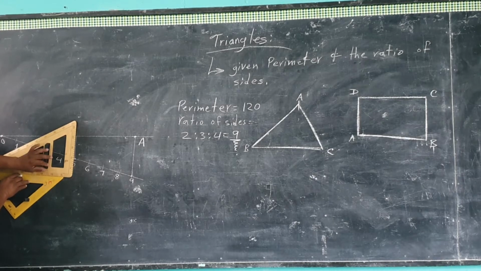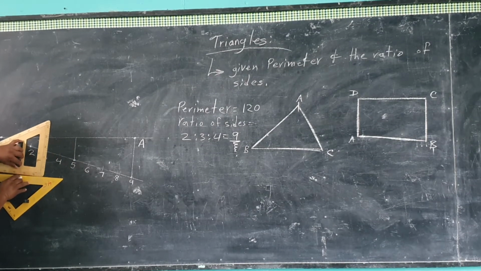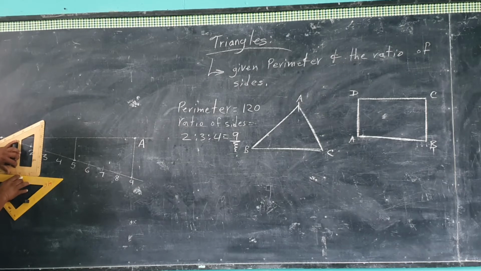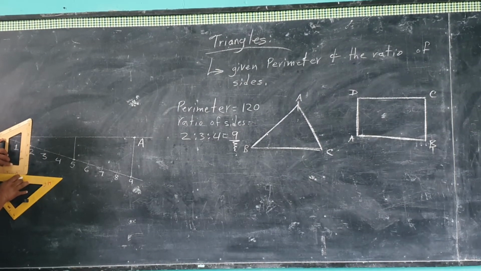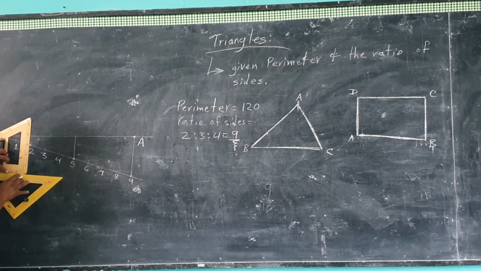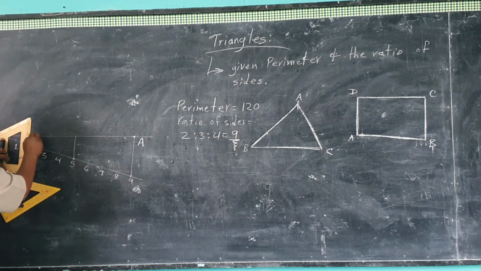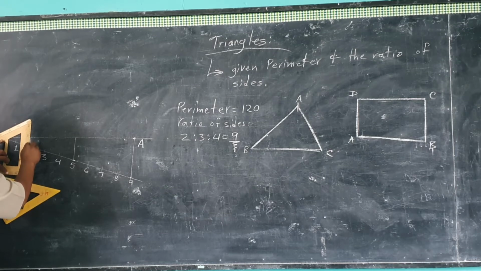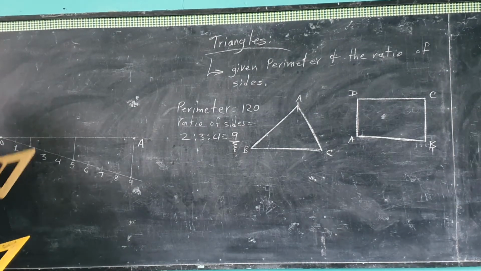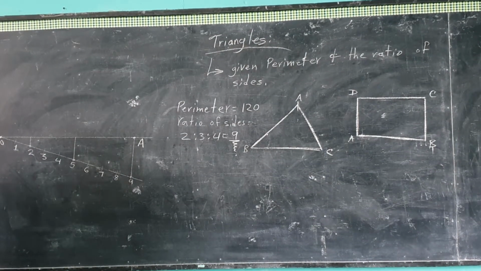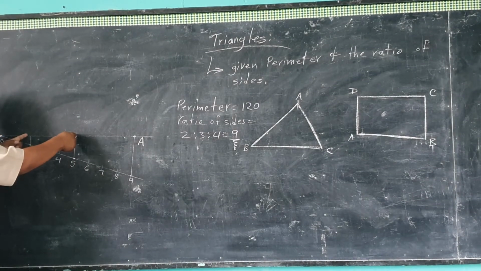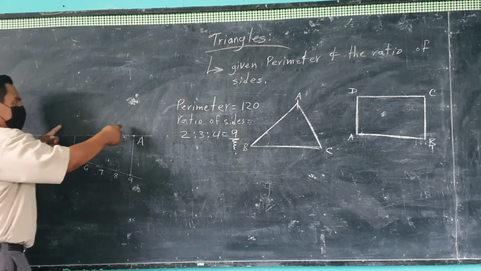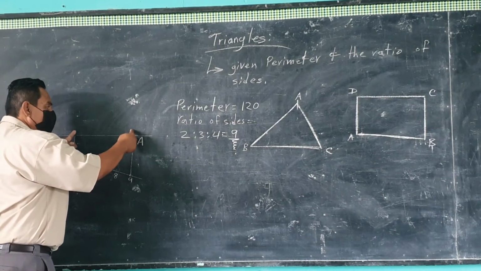And I take it all the way up to 2. And I draw my line there once again. Now if you notice, this division here is 2, this division here is 3, this division here is 4.